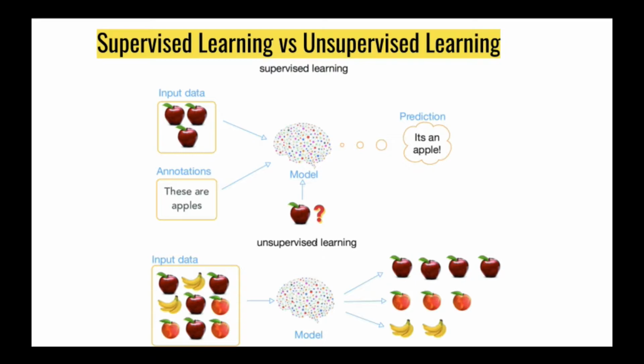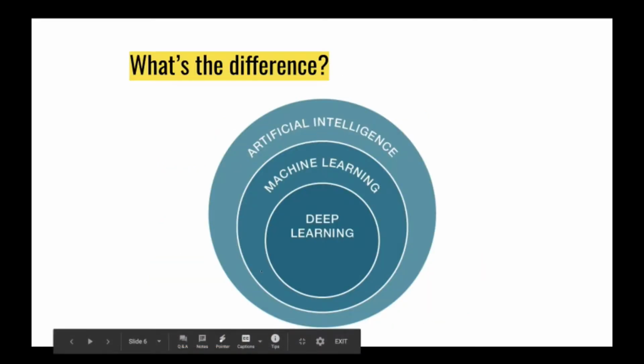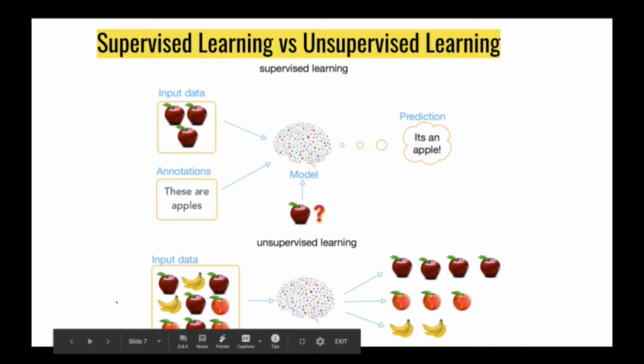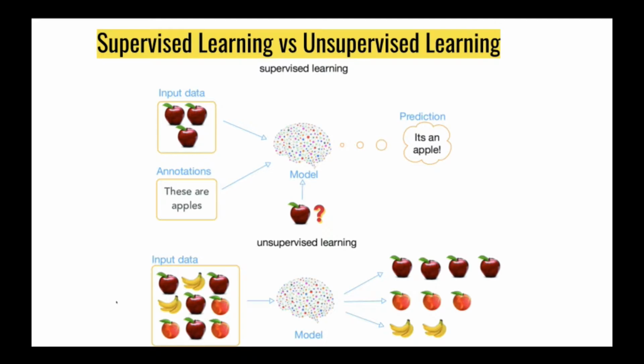So now unsupervised learning. What's the difference there? You would notice here in this image that there are no annotations that tell you that these are apples. So if you have the same images of a ton of fruit, you can see here we have apples, bananas, peaches, I think.